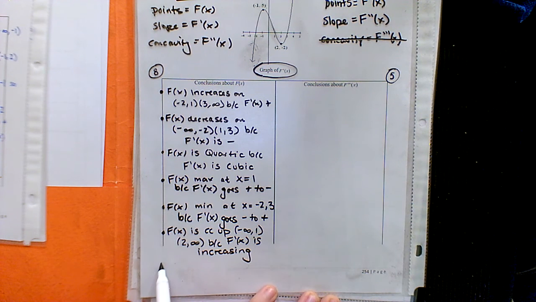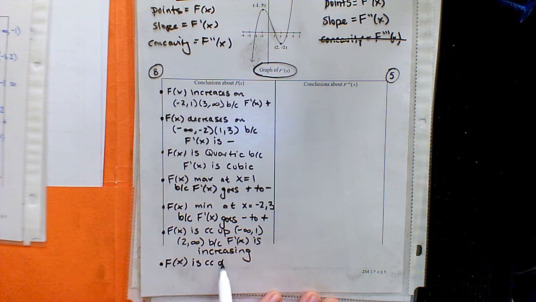I like it. Can we write a similar statement? Notice how 8 seems like a lot, but as soon as you find 1, the other ones kind of fall into place. So f of x is concave down.